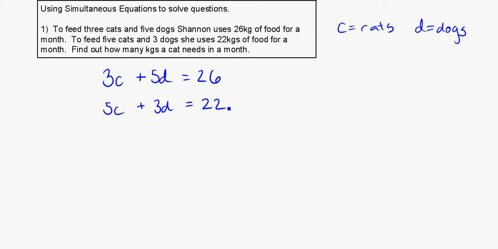I might demonstrate substitution because that can often be more helpful if problems are more challengingly worded. So I'm going to take equation 1 and equation 2, and I'm going to rearrange equation 1. If I need to find out how many kgs a cat needs in a month, I might actually try to solve for the opposite letter. So let's try and solve for D, and you'll see why that works out for us.